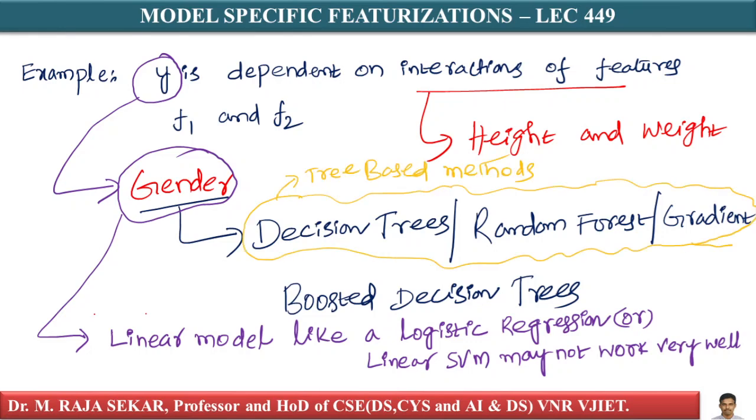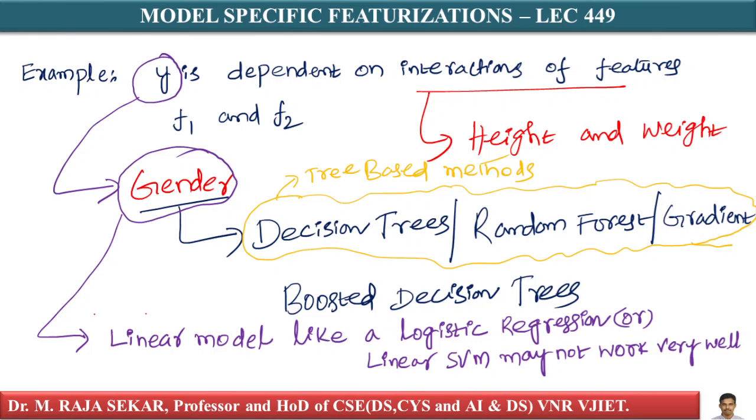Decision trees, random forest, GBDT are all tree based methods which are very good at capturing or accounting for interactions. Linear models like logistic regression are good at capturing linear combinations much more effectively.